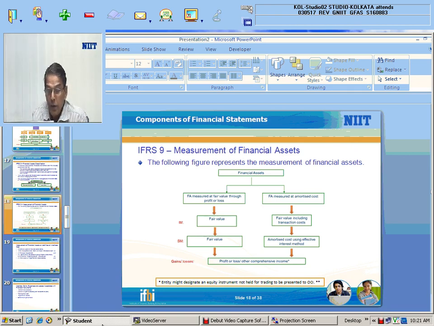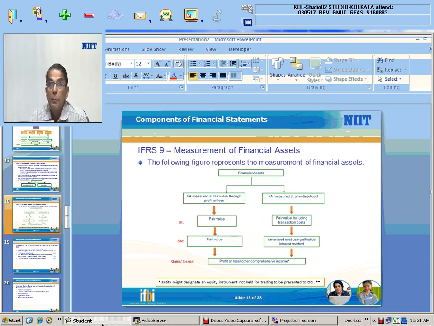So ordinary shares or equity held in another entity for long term or indefinite period can be irrevocably designated upon initial recognition as FVTOCI. They are measured in the statement of financial position at fair value, and gains and losses are only recognized in OCI, that is other comprehensive income, but not through the profit and loss.